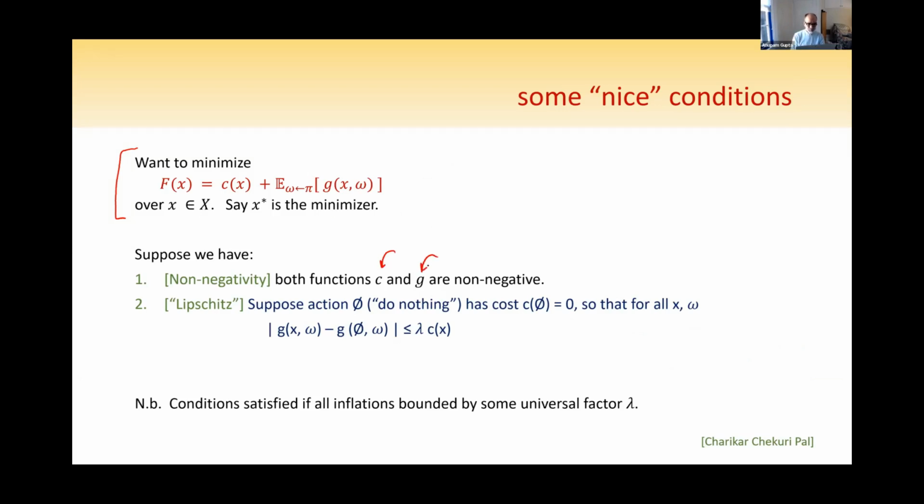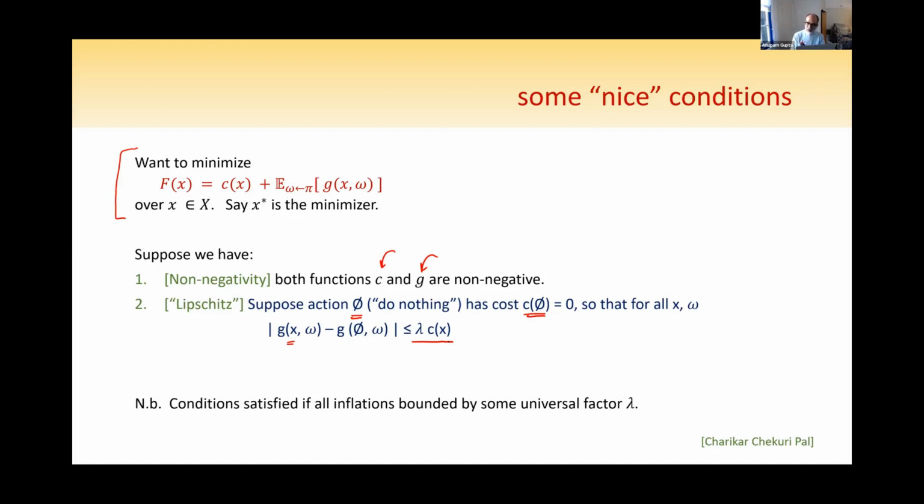Okay? And that there is an action which is like do nothing. I think of it as do nothing. It's a default action, which has, let's say, cost 0. And all these conditions can be relaxed a little, but it's just such that every other action differs only by lambda times the cost of this action in the first stage. Okay.